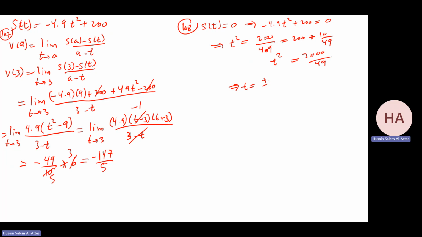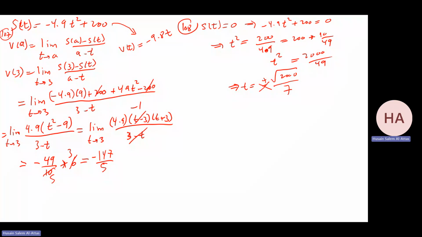Then you need to find v at t using this, which is a little bit complicated. Or if you know the derivative, this is v of t. It's just minus 9.8t. Correct?